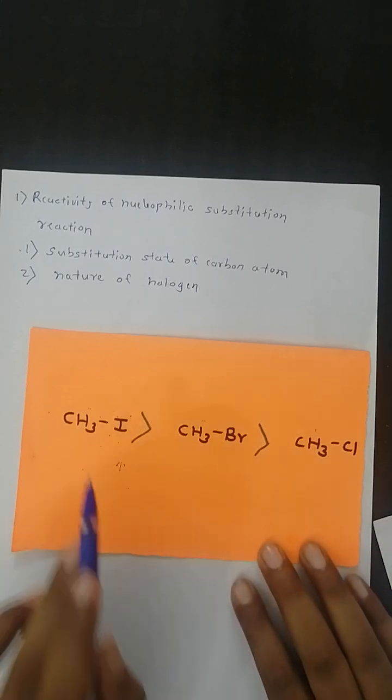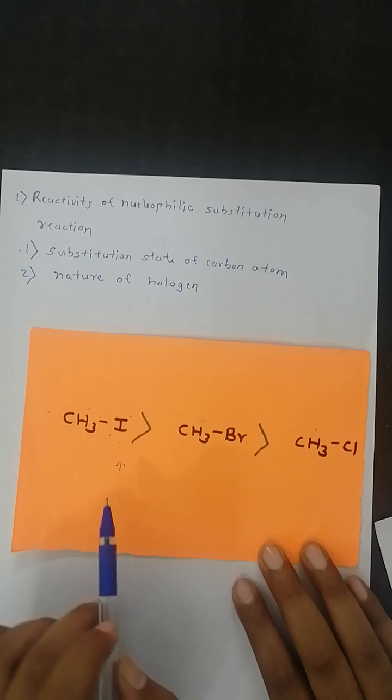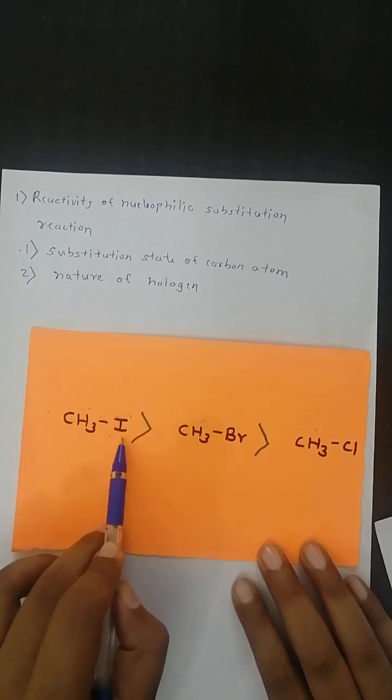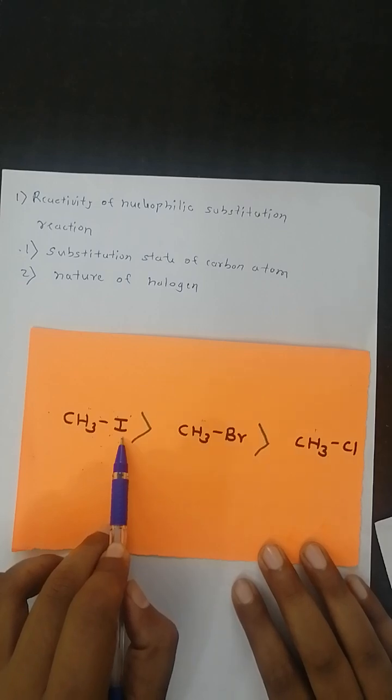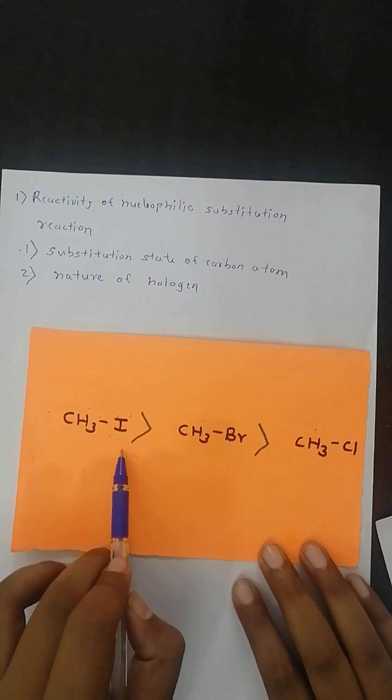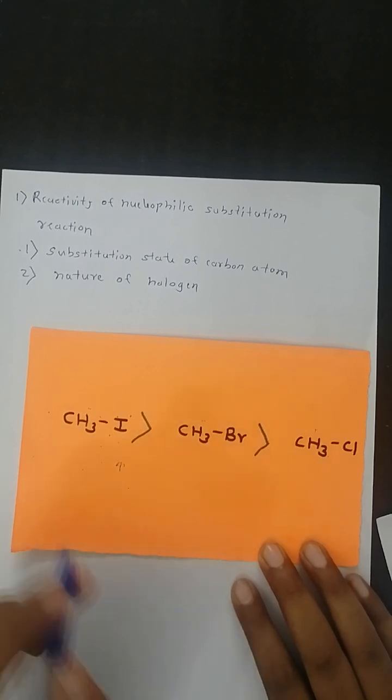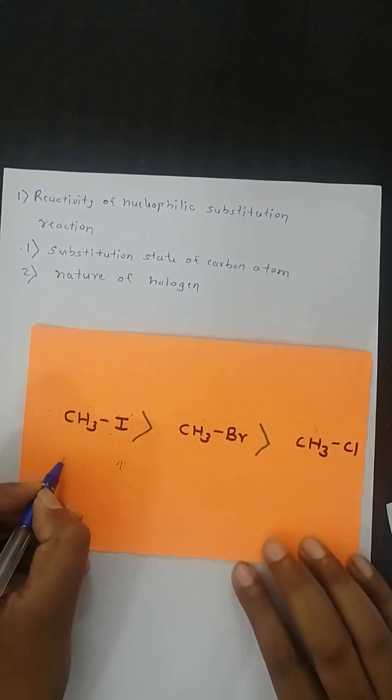Here one point you should know is that the size of iodine is very large. Due to the large size of iodine, bond length is large but bond strength is less.